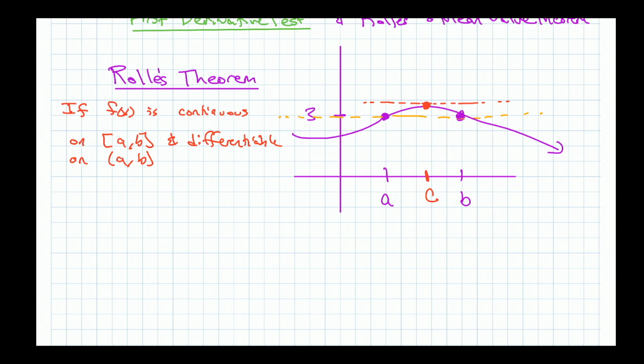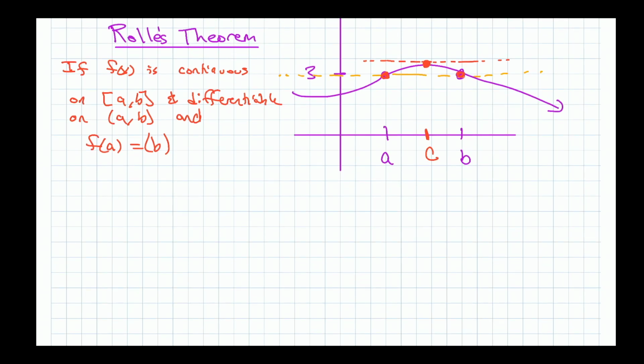And then the actual thing we care about is f of A equals f of B, right? That's what makes them level, at the same level. If f of A equals f of B, then there is a C in AB. Let's think about that.